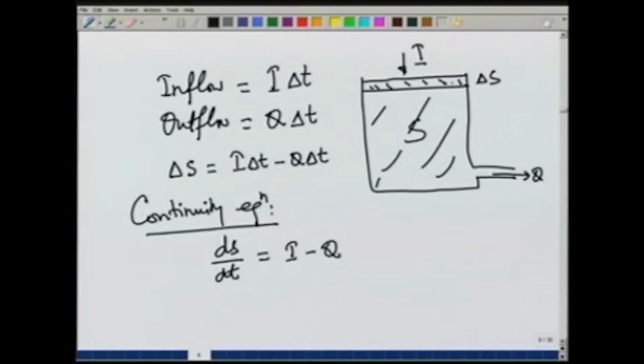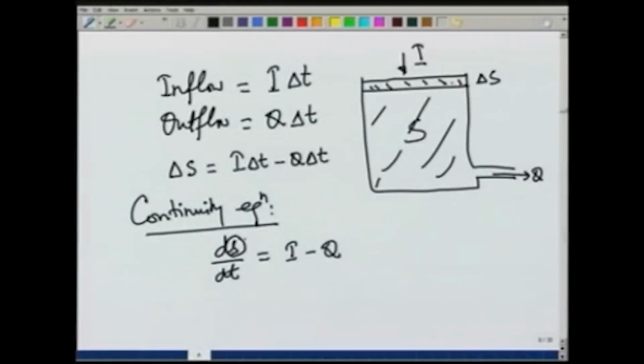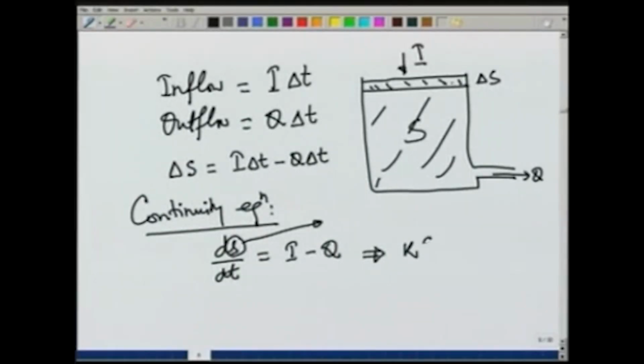Now, our aim is for any given input, to find out the output Q. Therefore, assuming the linear reservoir, we can write this S in terms of K and Q, and therefore, we will get an equation describing the variation of Q with variation in I, and this differential equation can be solved. This is a linear first order equation.